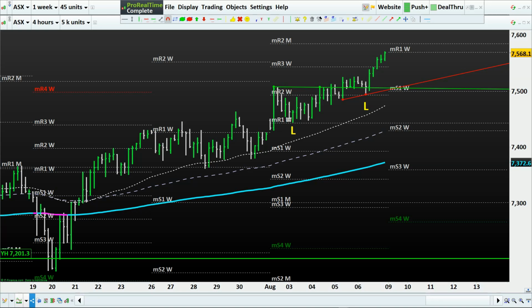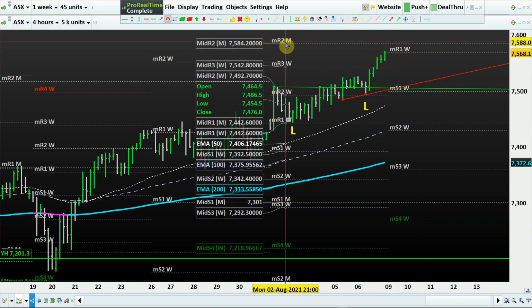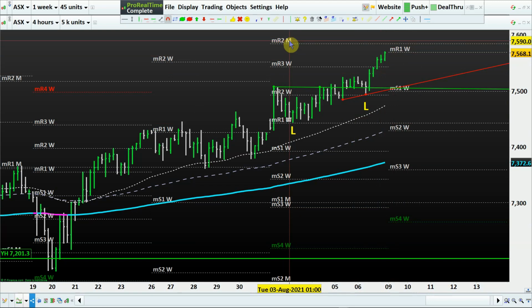Weekly R1 is closer to monthly R2. Well, the previous monthly R2, or is it the current monthly R2? This is monthly R2M. M means monthly middle.